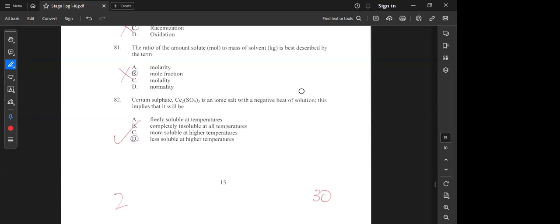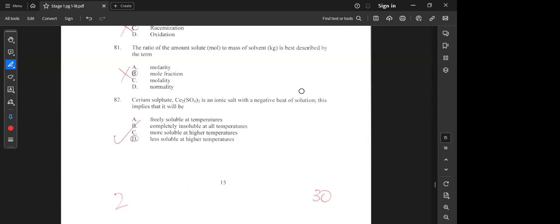Remember, in endothermic reactions you have to add heat for the reaction to occur. So the heat is a reactant, and it will be a positive heat of solution. You add reactant, and since the amount of reactant is more than the product, to balance the equation the reaction will move forward to produce more products.